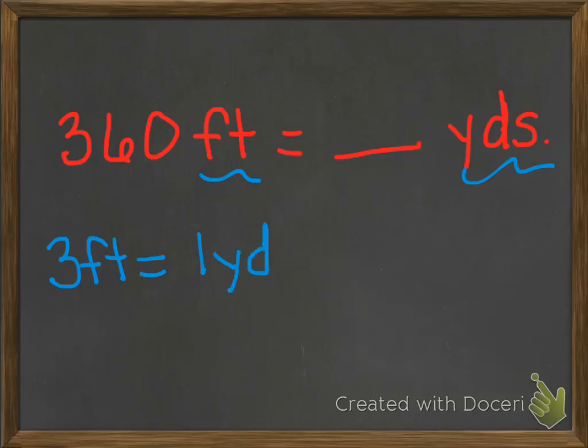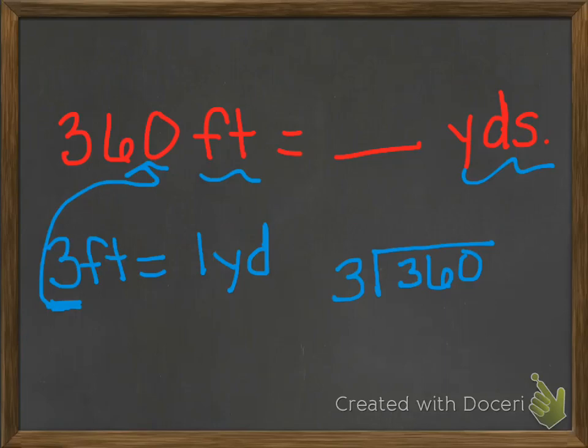So what I've got to do here is look and see how many groups of 3 I can get out of 360. That's going to tell me how many yards I have. So since I'm looking for equal groups, I'm going to be dividing. I'm going to divide 360 and find out how many groups of 3 I can get out of that.